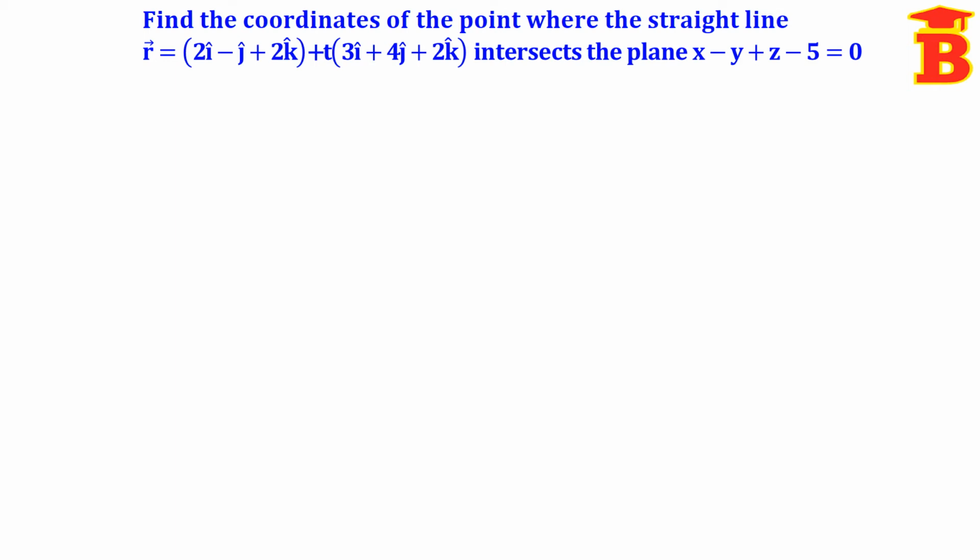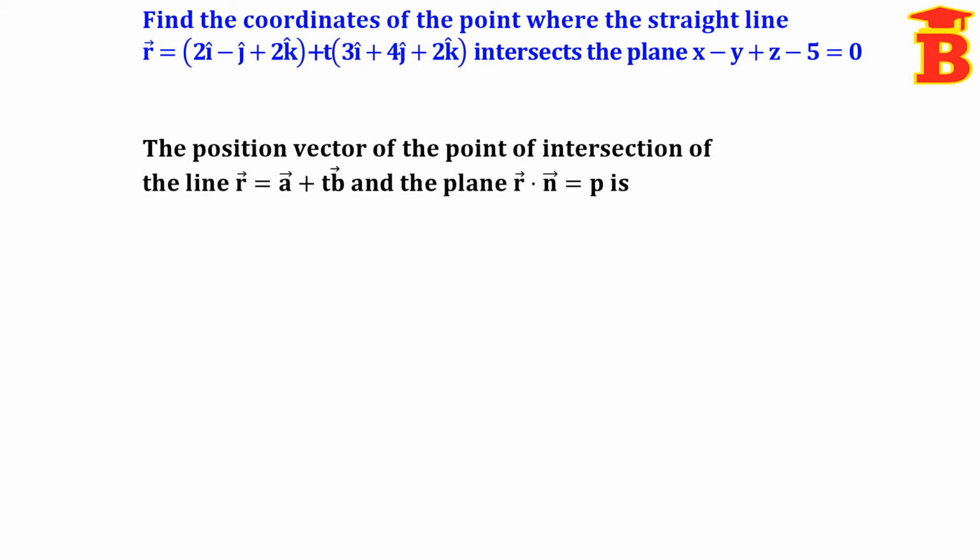Here also first write the formula. The position vector of the point of intersection of the line r vector equal to a vector plus t into b vector, and the plane r vector dot n vector equal to p is u vector equal to a vector plus p minus a vector dot n vector divided by b vector dot n vector into b vector.